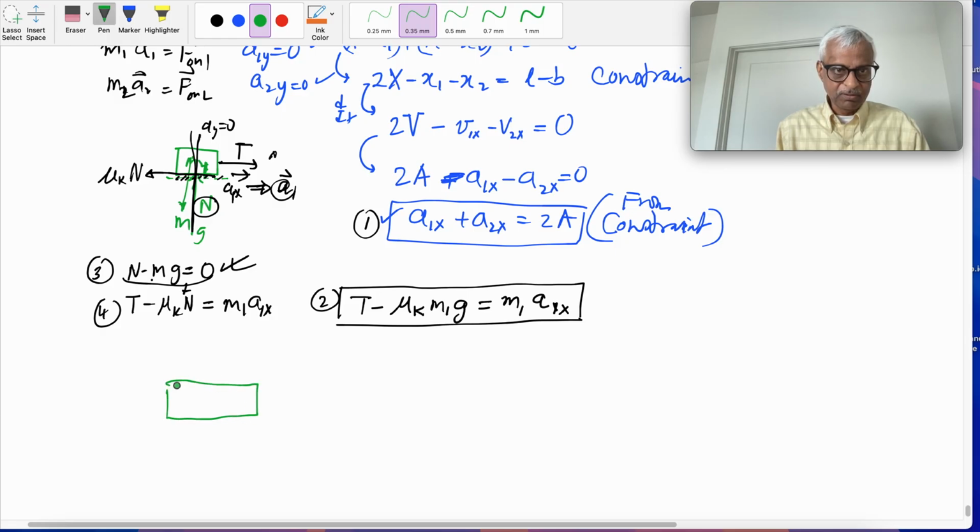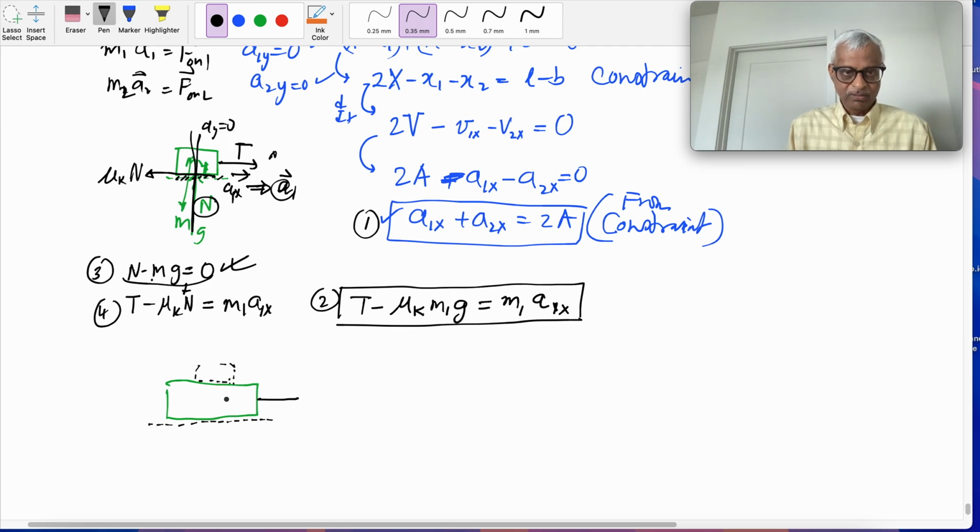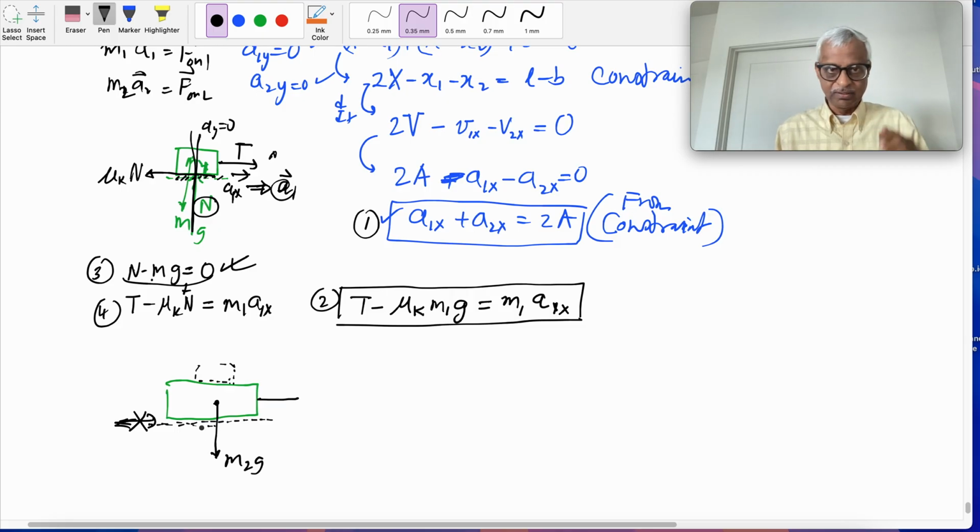second guy in isolation. When you draw something in isolation, you've got to see what surfaces there are. So this is the M2 sitting there. This is the outside body, and then there is this other thing sitting there. So these are the environment of this guy, right? All right. You already know there's going to be m2g, and from this surface there is no horizontal force because no friction there.